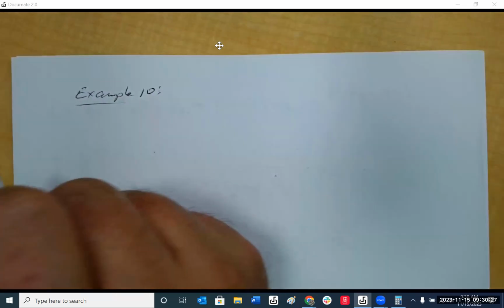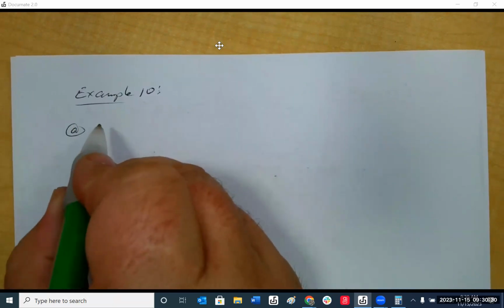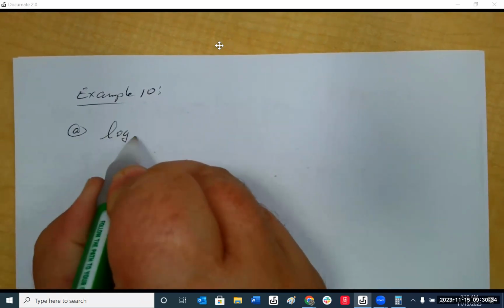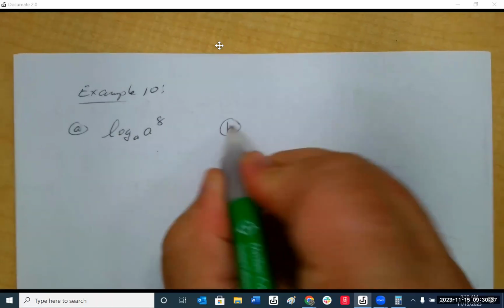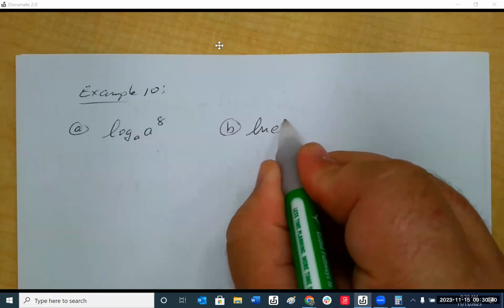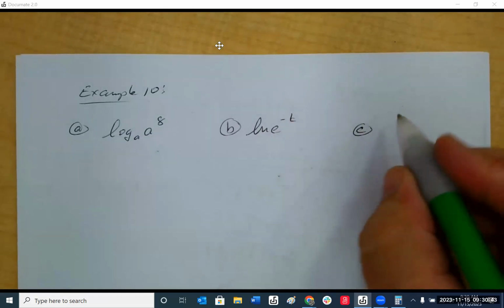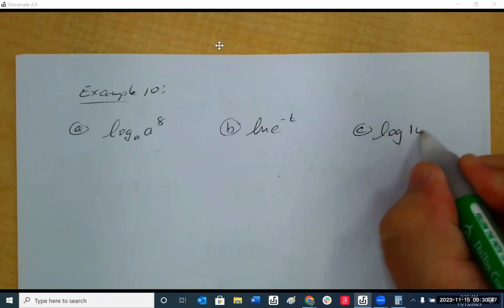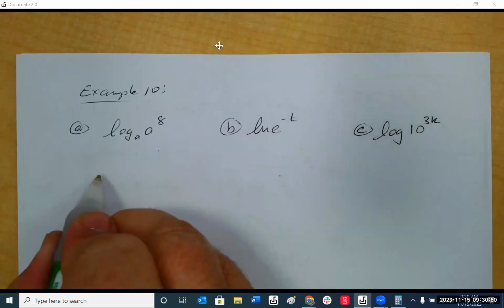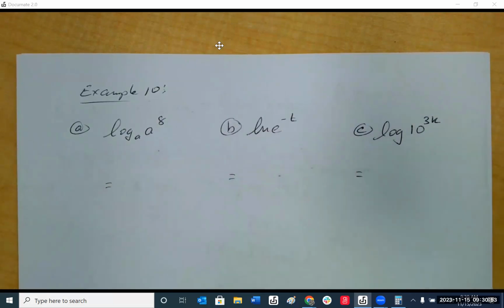Example 10. So what's the rule here? Well, we could go back to the basics.